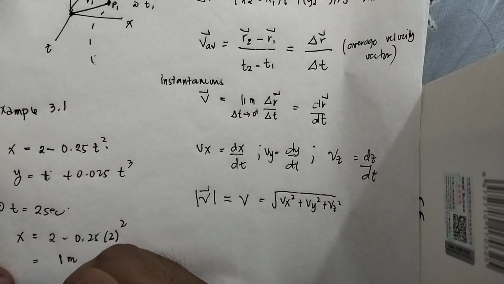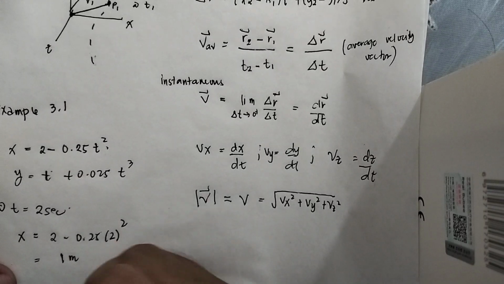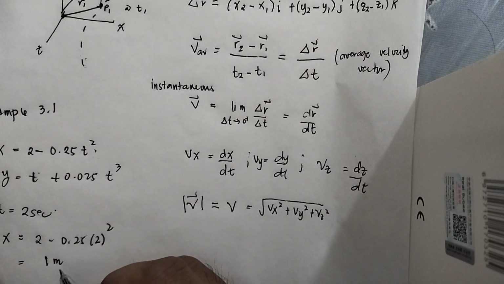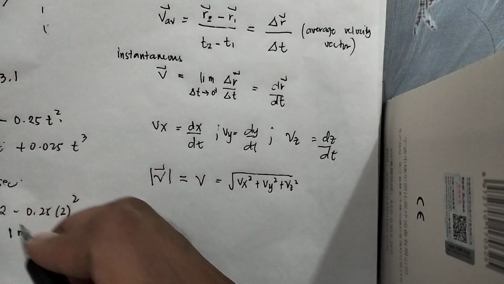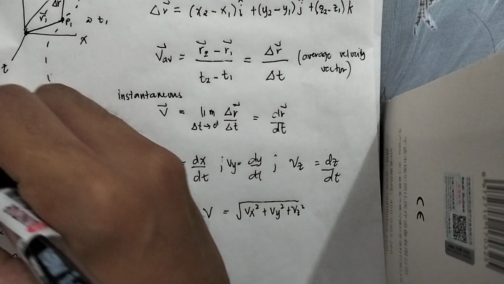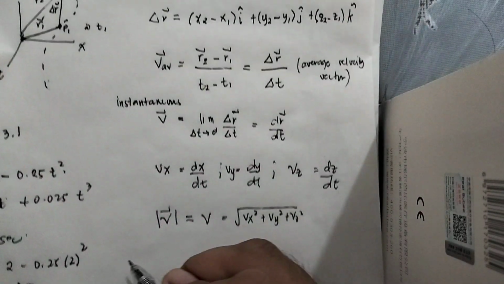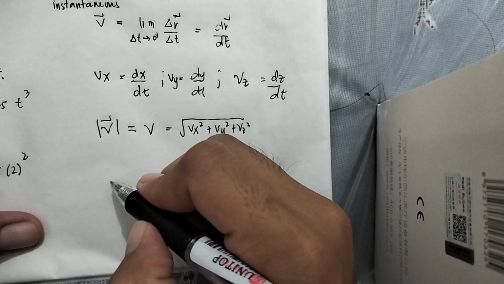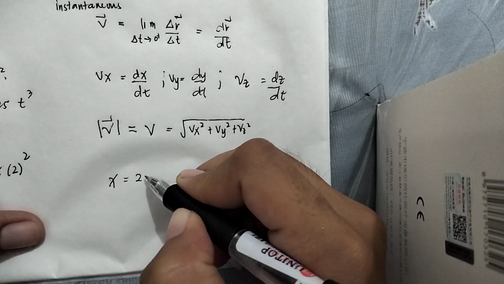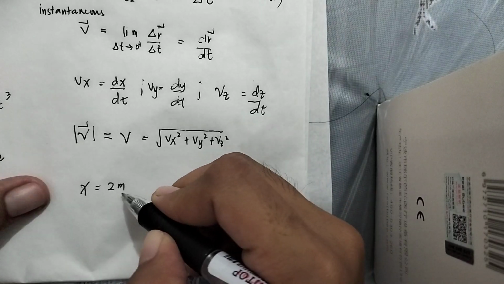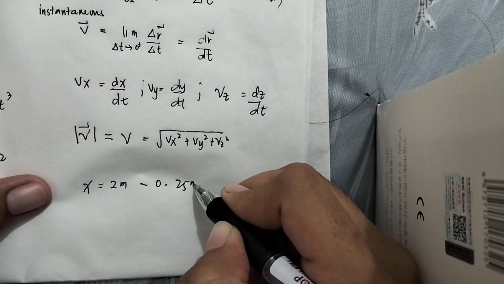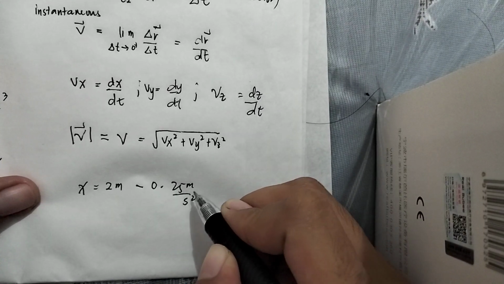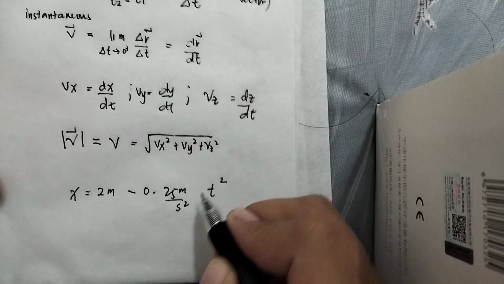And then for y, if you're wondering here, nganong meter nang yung unit, di ba? Atong given kaganiha, x is 2 meters, 0.25 meters per second squared, and then t squared.